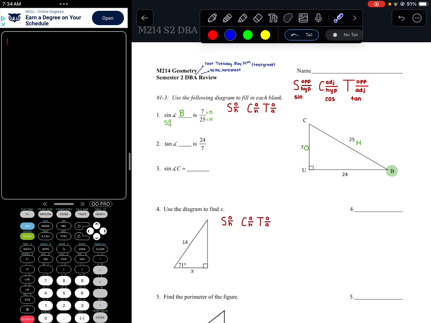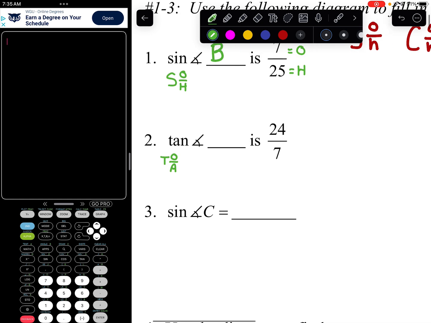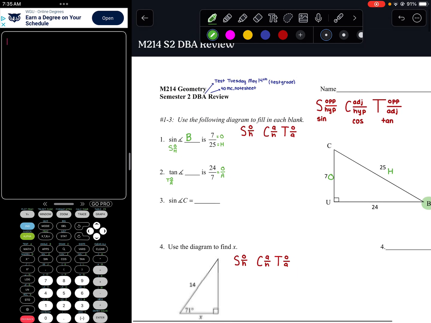So now they want to know, okay, given tan, remember tan is TOA, for which angle or which letter is 24 over 7 tangent. Remember, TOA is opposite over adjacent, so let me relabel our sides.